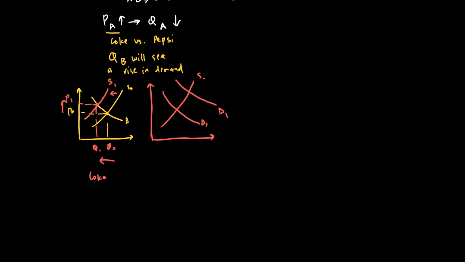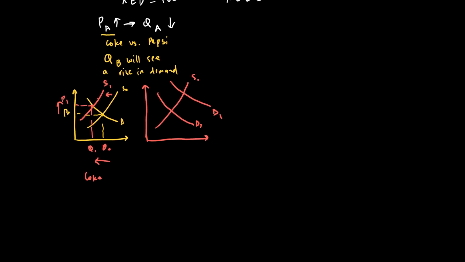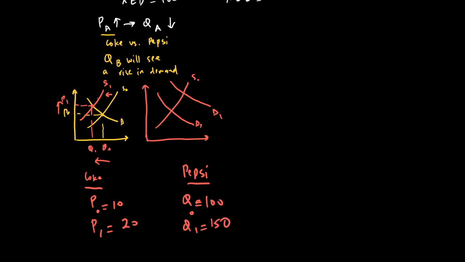Let's look at a quick example and find the value. Let's say the price for Coke was 10, and the price goes from P0 to P1, which is 20. And let's say for Pepsi, because of this rise in price, quantity previously was 100, and people now decide to buy more Pepsi because Coke is becoming expensive, to 150.